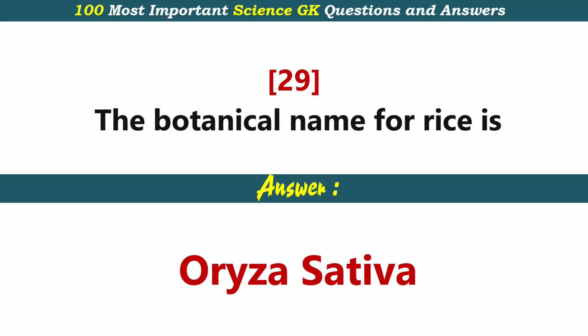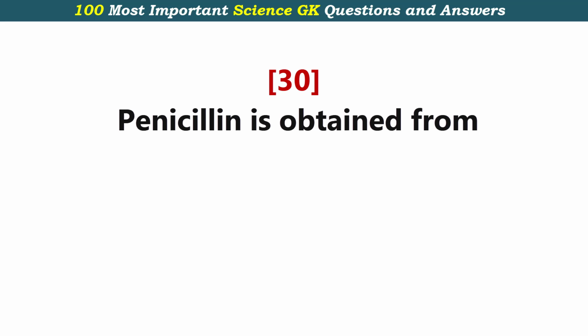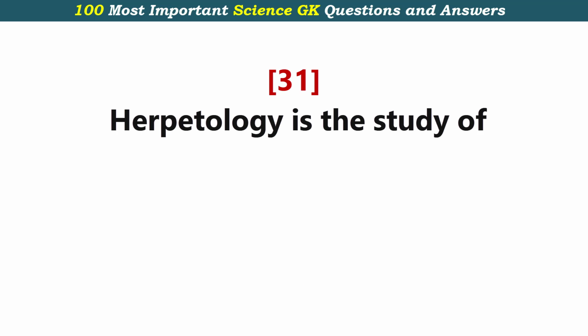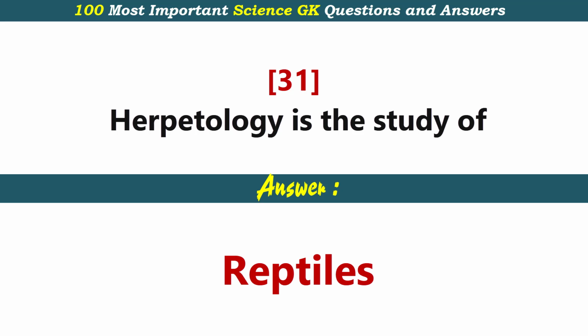Answer: Oryza sativa. Penicillin is obtained from? Answer: Mold. Herpetology is the study of? Answer: Reptiles.